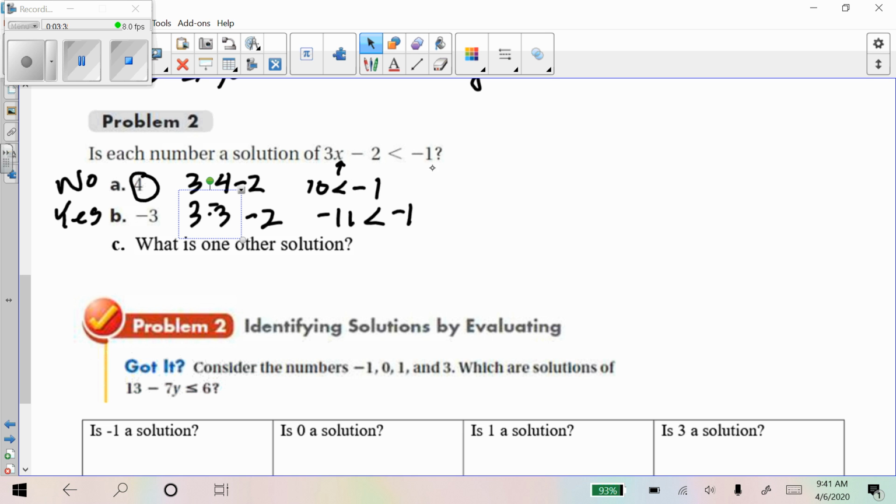We're going to find that we can actually solve this inequality like we solve equations, but we saw that -3 is a solution, so probably a number like -4 would also be a solution, and you can check that if you want. 3 times -4 minus 2 is -14, and that's definitely less than -1.